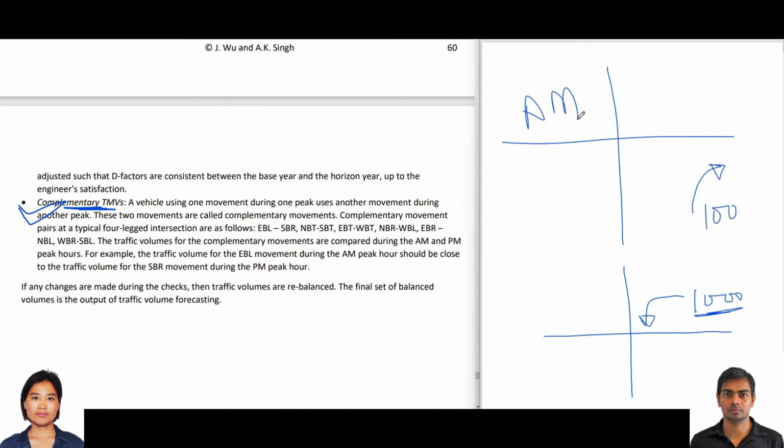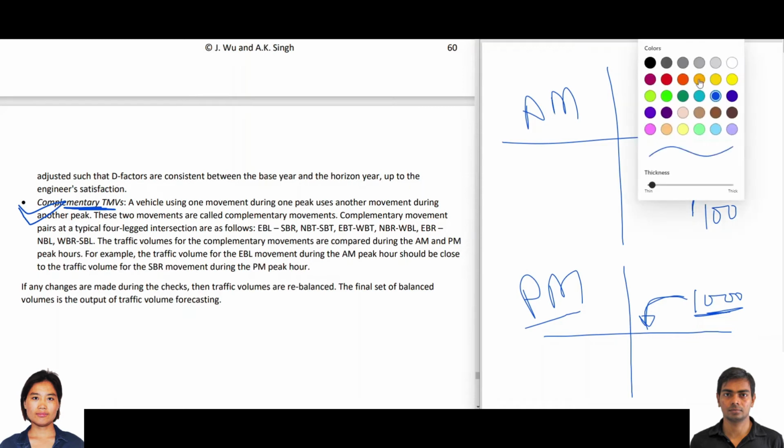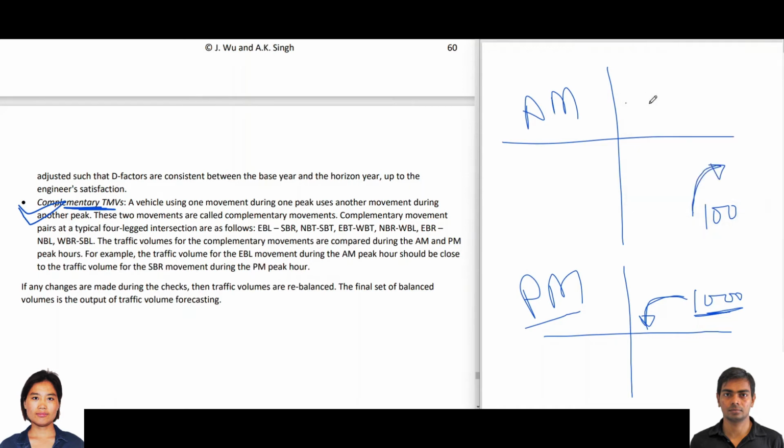So the top part we are looking at AM peak, in the bottom part we are looking at PM peak. So what we do is we look at the complementary movement. In AM peak, this right turn is complementary with this left turn. I should probably draw them with different colors. Similarly, this left turn will be complementary with this right turn here in PM peak.